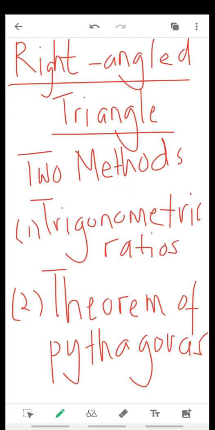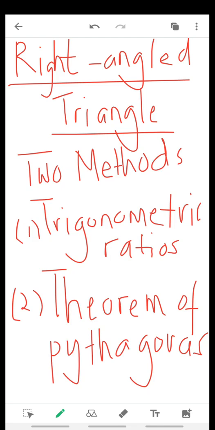Now, when we are dealing with a right angle triangle, remember we said a triangle has three sides and three angles. You remember? So you may be asked to find the length of any of those three sides in a particular triangle, or be asked to find any of the three angles.